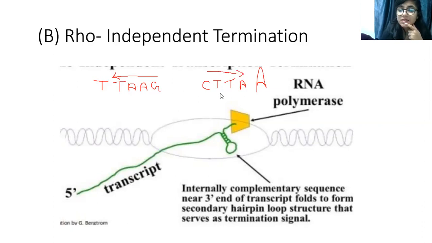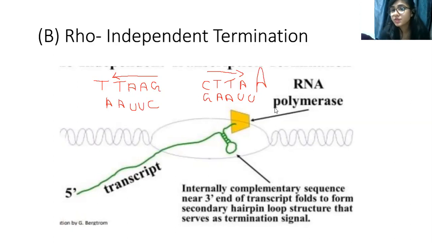Now, when this is transcribed, what will you get? A, A, U, U, C. Here you will get G, A, A, U, U. See, now what happens because of this sequence, they will bind to each other.